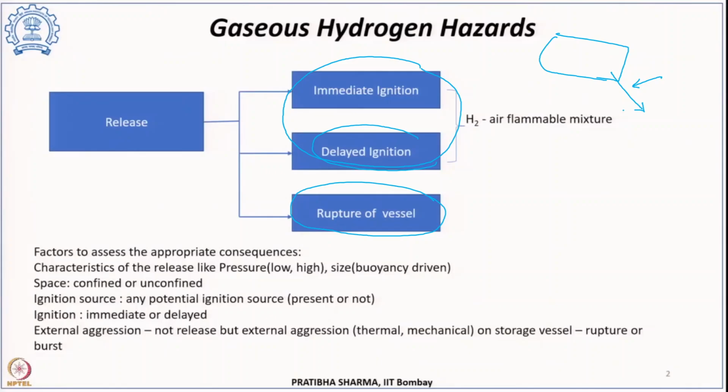During immediate ignition, it immediately catches fire and is explosive. In delayed ignition, the hydrogen gas is leaking and after some time it is ignited.